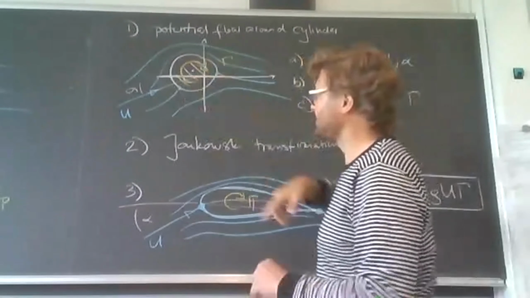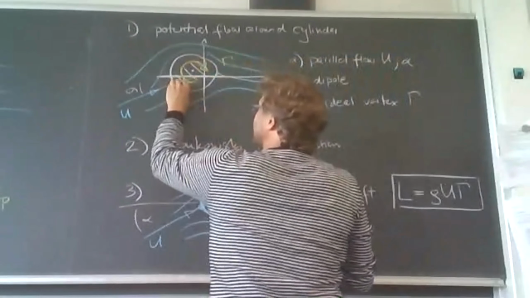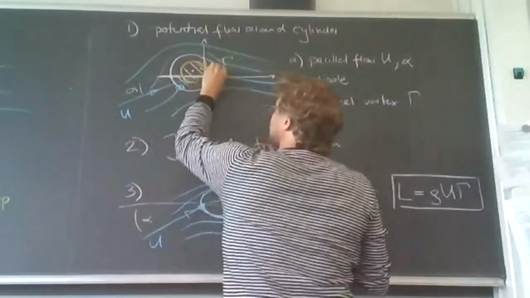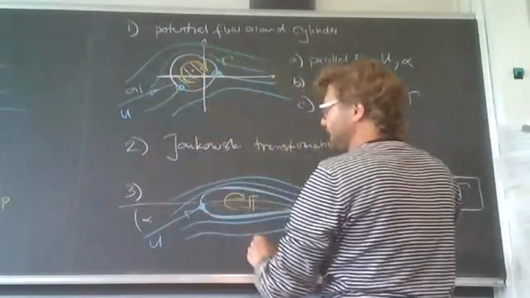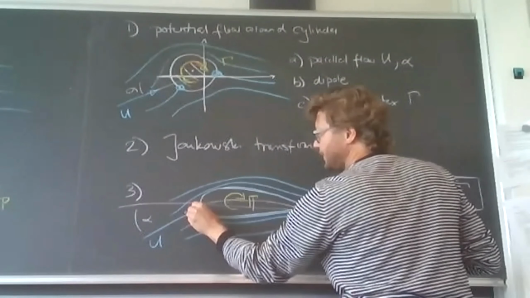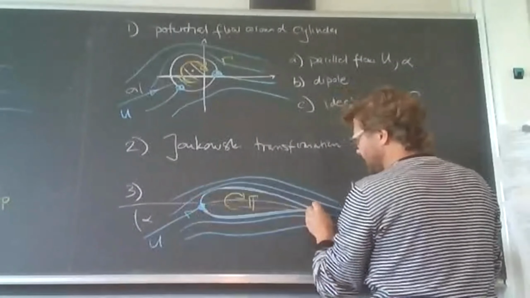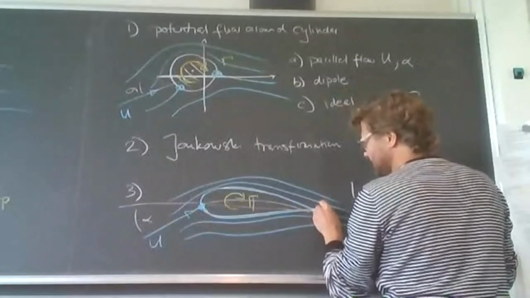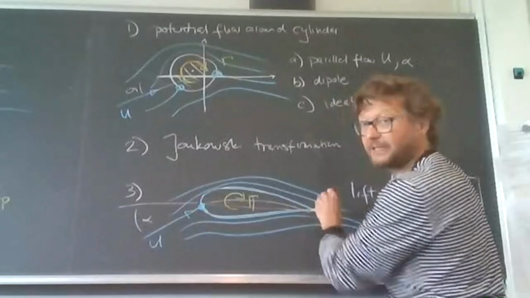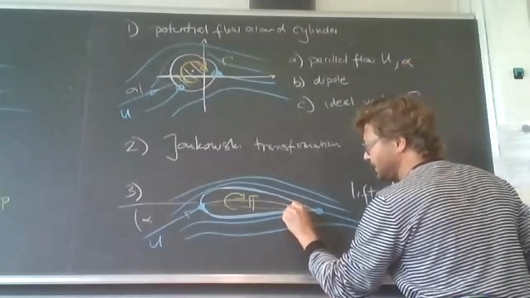If we increase the circulation, the two stagnation points would move together, right? If you do the mapping, well, probably that one would also be moving in this direction, but certainly this stagnation point would not be at the trailing edge anymore, maybe somewhere around here.